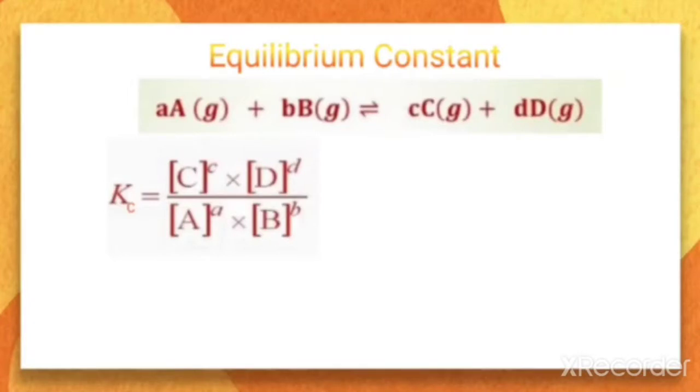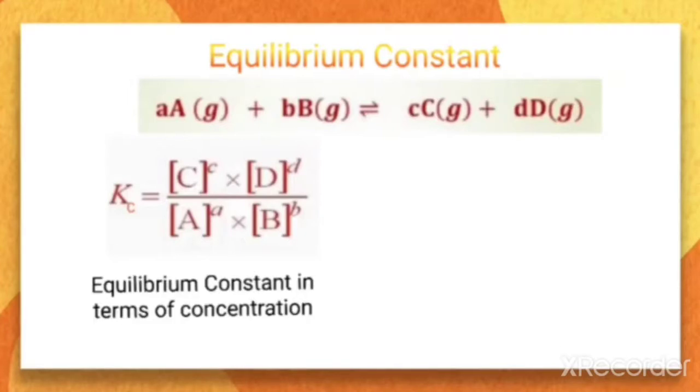Therefore, we call this the equilibrium constant in terms of concentration, because here we are taking the concentration of C, D, A and B. That's why it is written as Kc, where the c represents concentration.